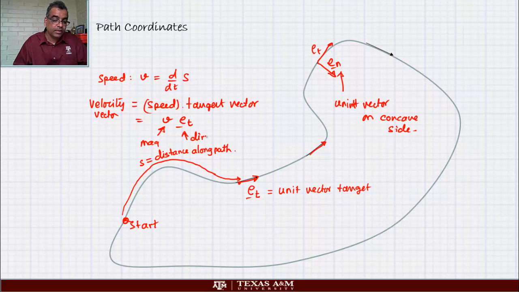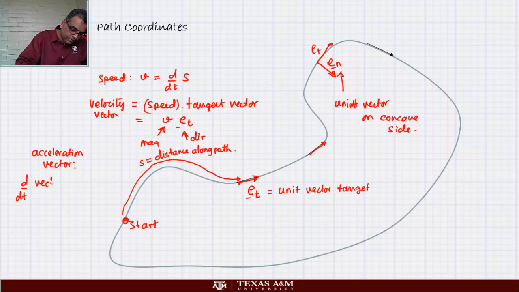Okay, then the next thing that we are going to do is acceleration. So I'm going to write acceleration vector is d dt of velocity vector, and that turns out to have two parts.